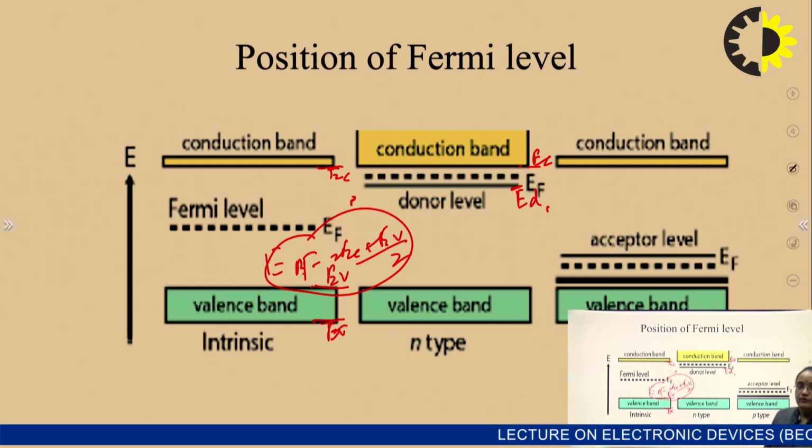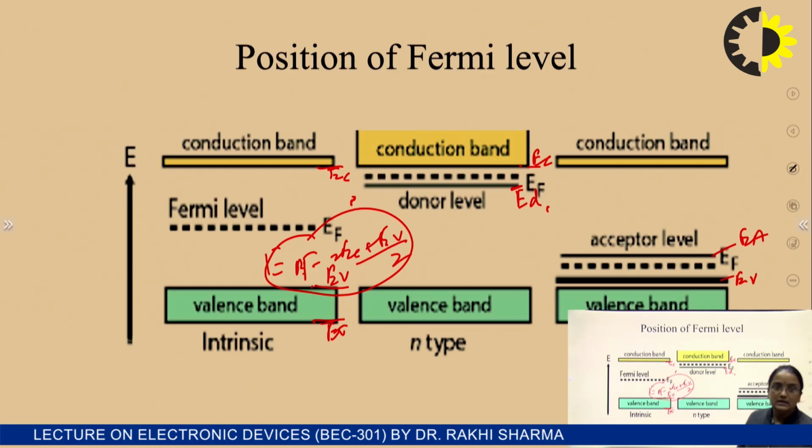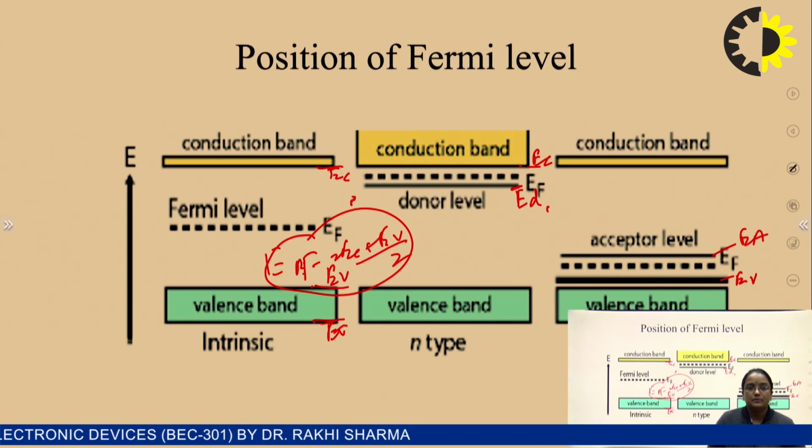Now, for the p-type semiconductors, it is in between your EV and your acceptor level, which is represented by EA. The position of Fermi level is in between your EA and EV, or in other words, it will be close to your valence band in case of p-type semiconductors.